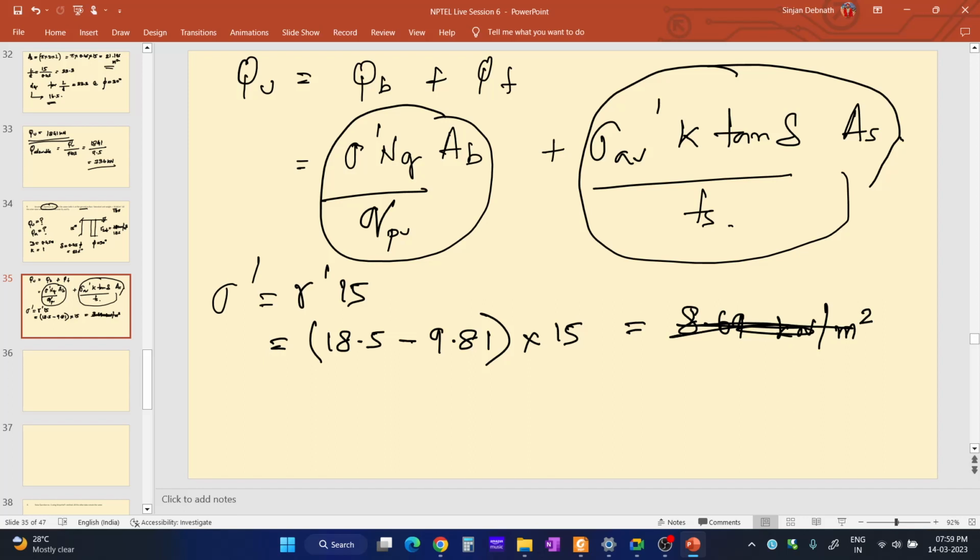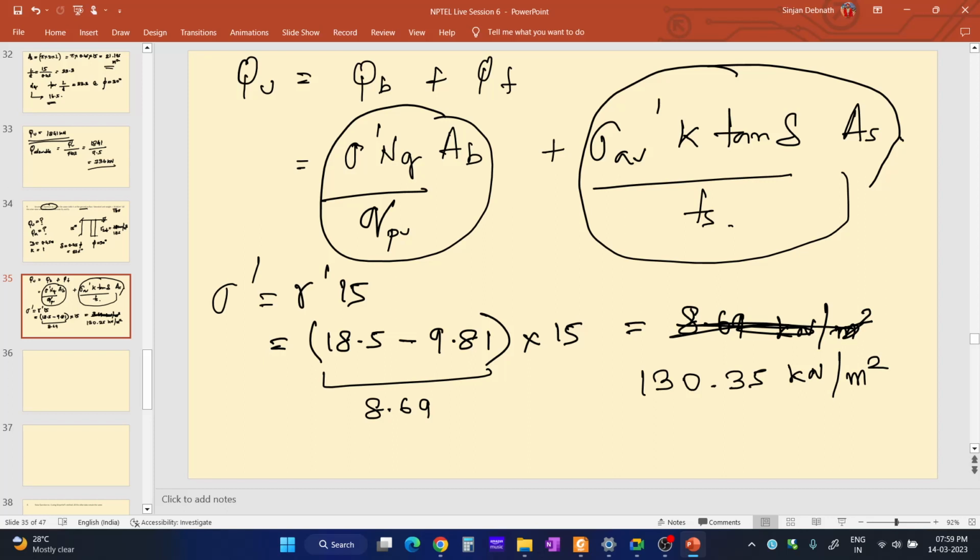If we calculate 18.5 minus 9.81, this one is 8.69. So 8.69 into 15 comes out to be 130.35 kilonewton per meter square. Okay, sigma dash.